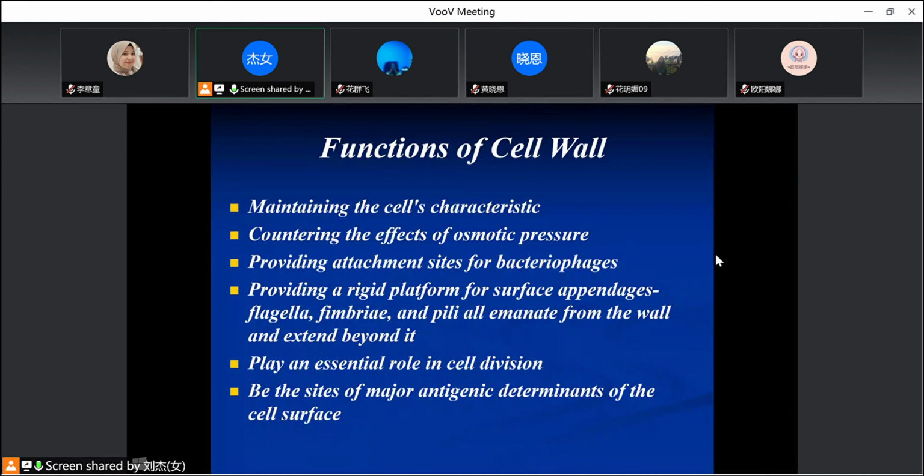But the most important and first feature is the gram-positive or gram-negative cell wall. So that is for today.